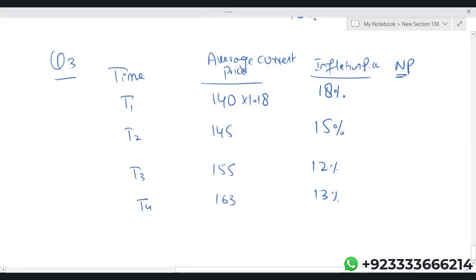Number one is 165.065. Number 2, the second, 1.18 into 1.15. You cannot take power because inflation is different every year. So 145 into 1.18 multiplied by 1.15.